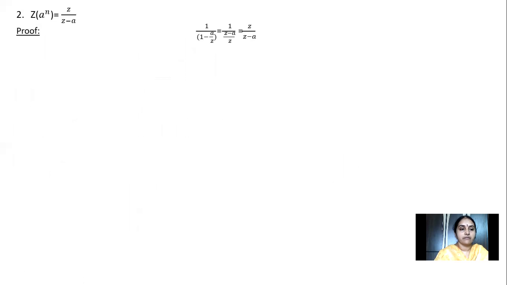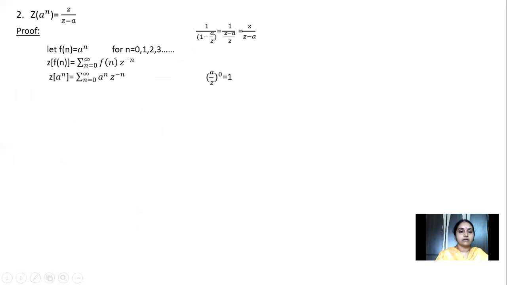Z of a power n equals z by z minus a. Again we are taking f of n equal to a power n and writing the formula. Z of f of n equals sigma n equal to 0 to infinity f of n z power minus n. You put a power n in place of f of n. Z of a power n equals sigma n equal to 0 to infinity a power n z power minus n.